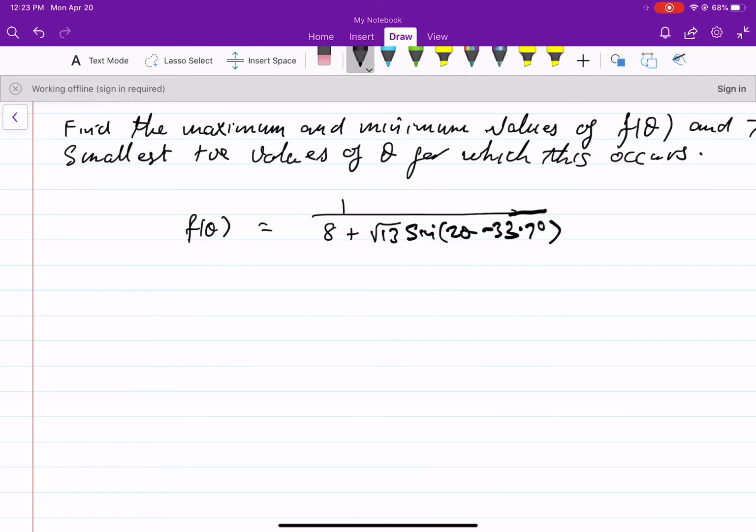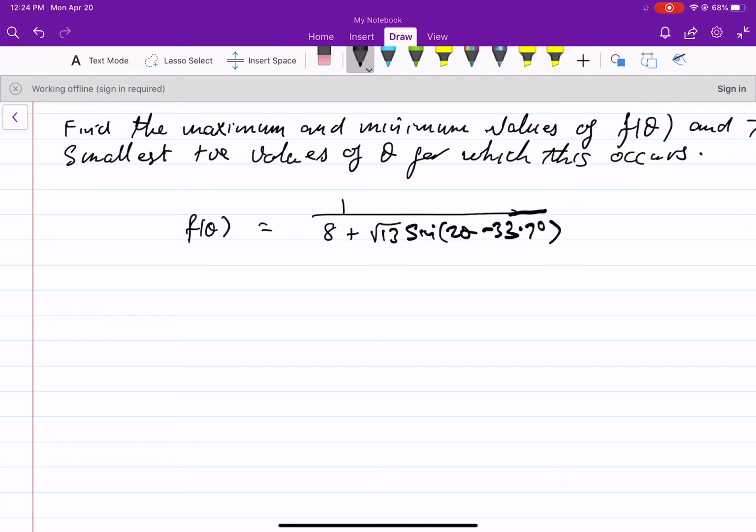All right, now I'll give my explanation based on the way the function looks now. The numerator is a constant. For me to minimize the entire function, I will have to maximize the denominator.